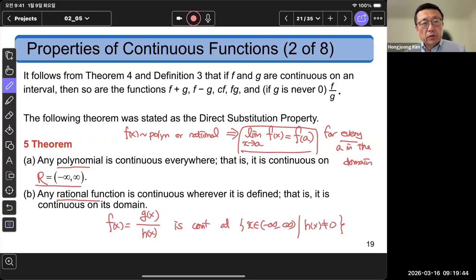As long as the denominator is not 0, so that the rational function f is well defined, your rational function will be continuous. That's what we learned, right?